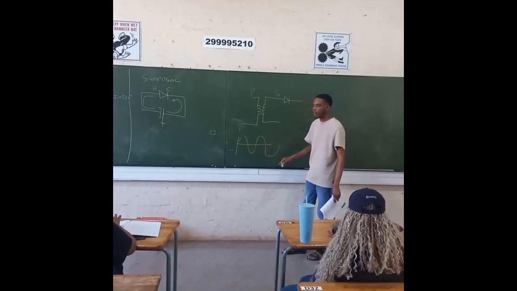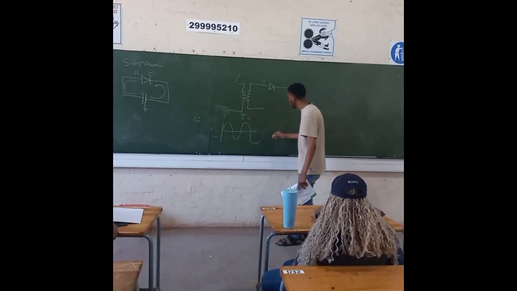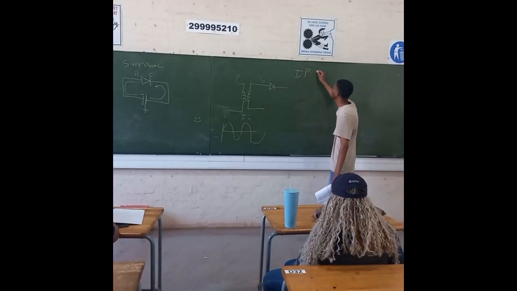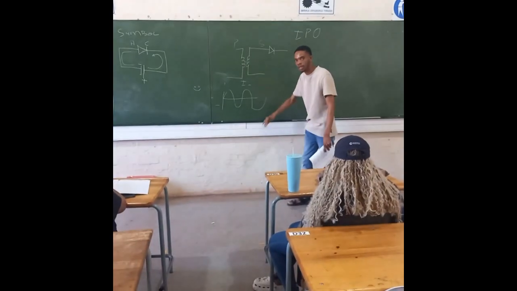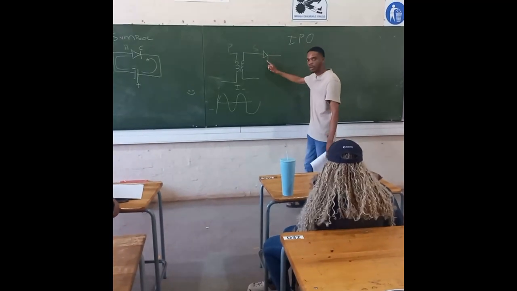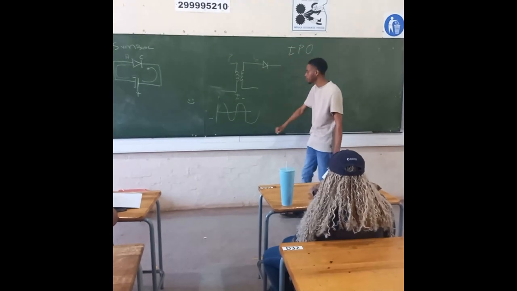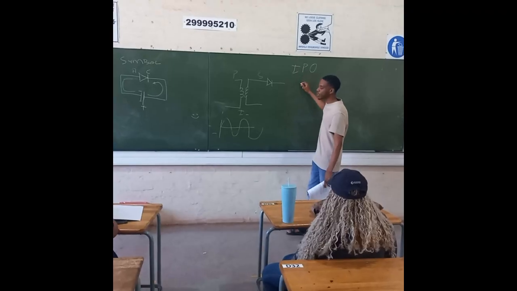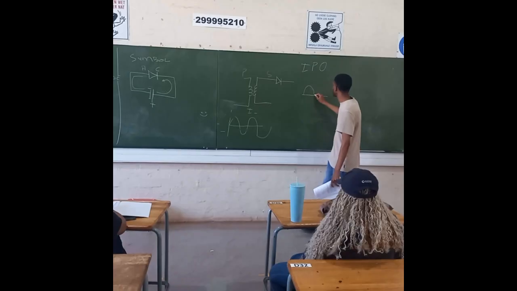You understand? So this is your input, and then you have what they call IPO, input, process and then output. We've got the input here, and your voltage is alternating. But what about the process? The process is your diode, whose function is to chop out the negative voltage, right? So with your diode, which is the process, you're going to get something like this.